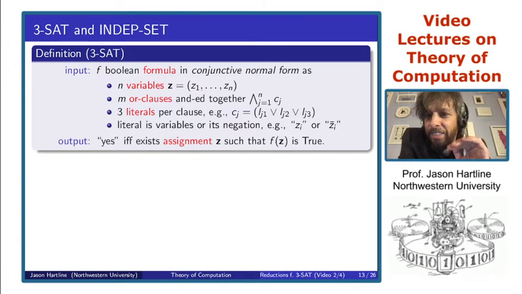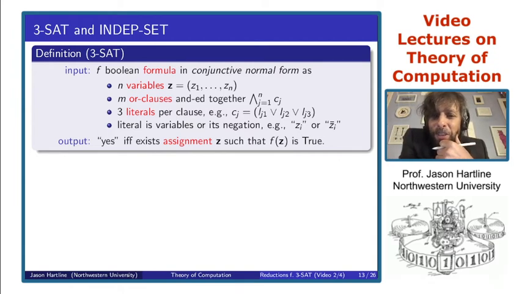Each clause Cj has 3 literals, and we'll denote those Lj1, Lj2, and Lj3. It's an OR clause, so this clause is the OR of those 3 literals. Each literal is a variable or its negation. So a literal is like zi if it's a variable, or zi bar if it's the negated variable zi. Of course, if zi is true, then zi bar is false, and vice versa.